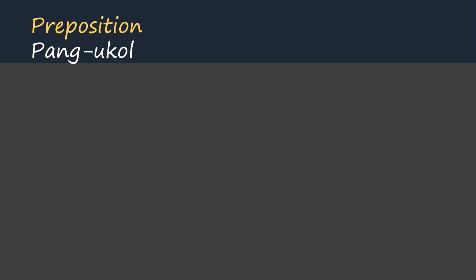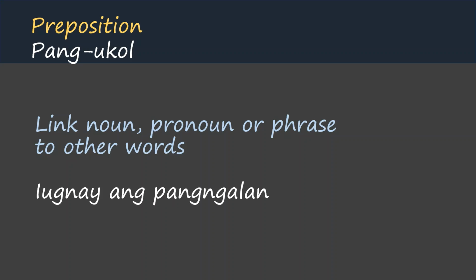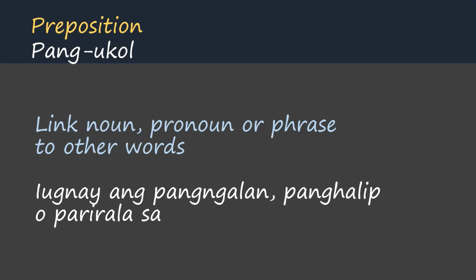A preposition is called pang-ukol in Filipino. It is a word used to link a noun, pronoun, or phrase to other words within a sentence. In Filipino, iugnay ang pangalan, panghalip, o parirala sa ibang mga salita.